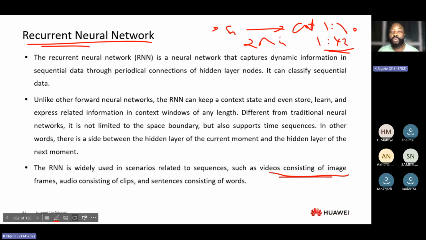So whenever you're dealing with sequential data, it's best to use the recurrent neural network, because this neural network is built for this type of scenario. Such scenarios include videos consisting of image frames, audio consisting of clips, and sentences consisting of words, as in natural language processing.